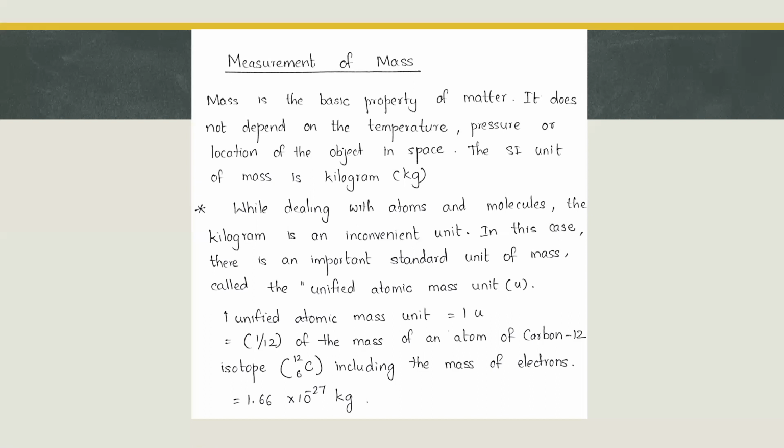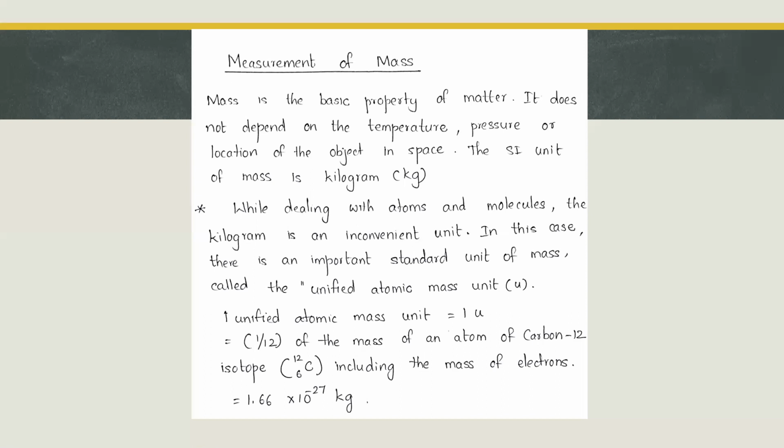In the same way, to measure the mass also, we have different methods because mass changes from very low values to very high values. When we are talking about atoms and molecules, the kilogram is an inconvenient unit. So, kilogram is not a good unit for atoms and molecules.